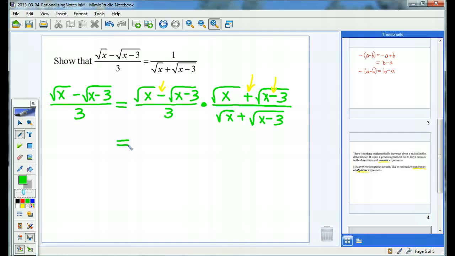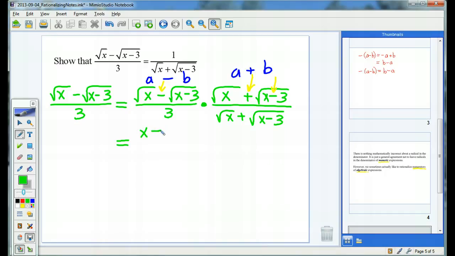So now multiplying by a special form of 1 using the conjugate. In the numerator we see that we've got that a minus b times a plus b form that we had talked about before, and therefore what we get is a squared, in this case that's just x, minus b squared.